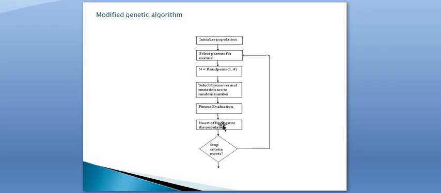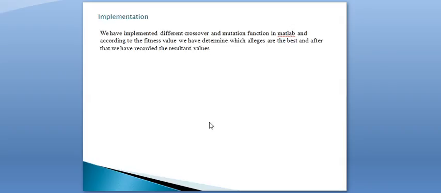If not, we don't, and we repeat this process until the allowed number of generations is reached. After performing this operation, we found that the fitness value is better than any value I have seen till now. Similarly, we implemented different crossover and mutation functions in MATLAB, and according to the fitness value we determined which are the best. After that, we recorded the resultant one.